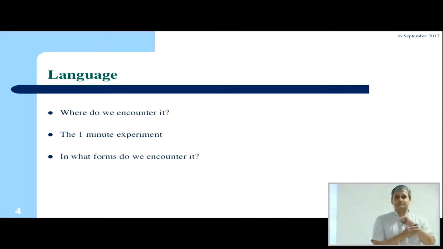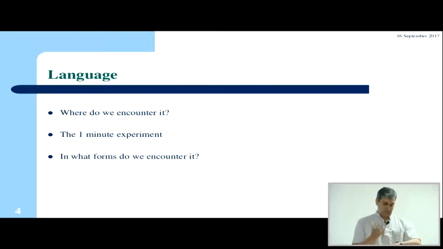I am going to watch the watch, and for the next 1 minute, close your eyes and try thinking without language. Okay, close your eyes. I don't want any other external influences on your brain. So just close your eyes and try to think without language. So without words, essentially.